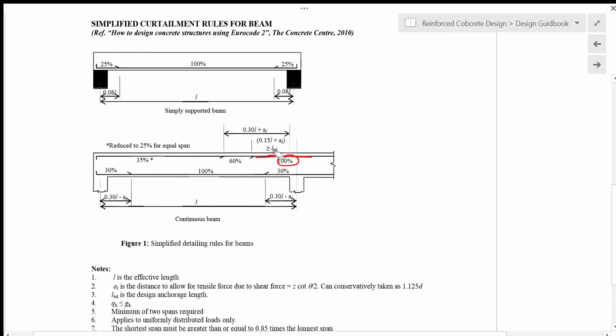And then we can cut off 40% and leave only 60% of the steel within the distance of 0.15L plus AL to 0.3L plus AL. After that, you can reduce to only 35%. But for a continuous beam with equal span, we can reduce it to 25%.